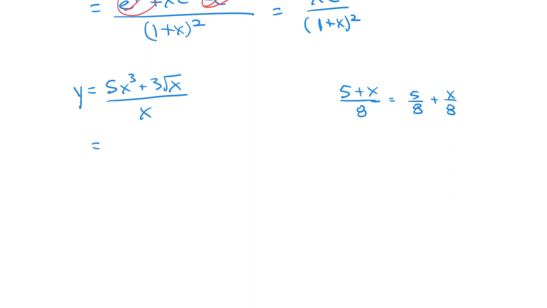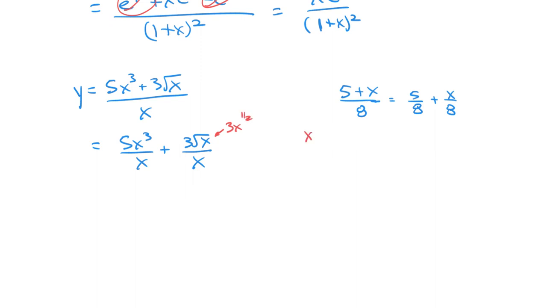So we can split this up as 5x cubed over x plus 3 times the square root of x over x. And now we can see this will simplify. These x's cancel. And this, remember, is really just 3x to the 1/2, right?